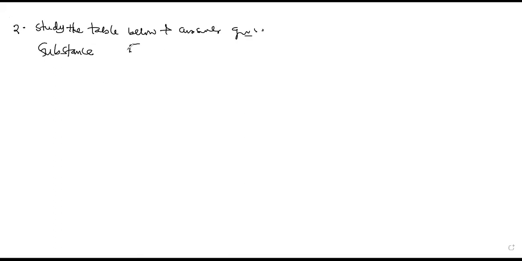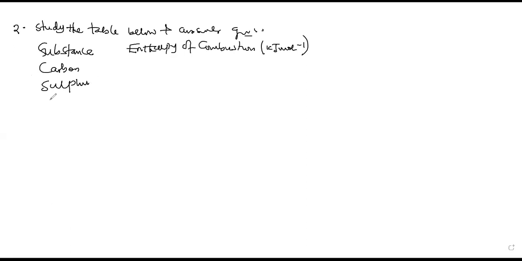They gave us enthalpies of combustion, in this case in kilojoules per mole. We're having carbon, sulfur, and carbon disulfide.